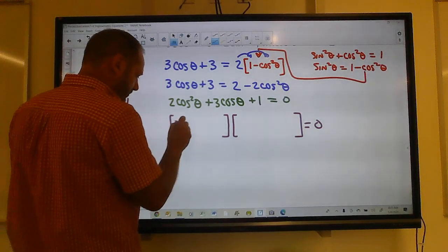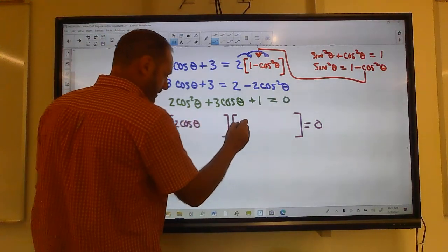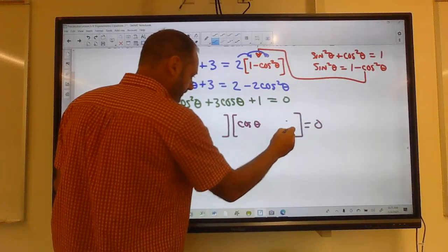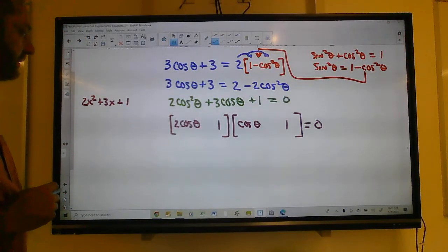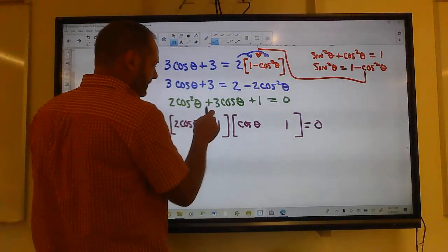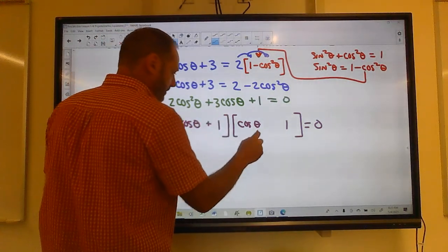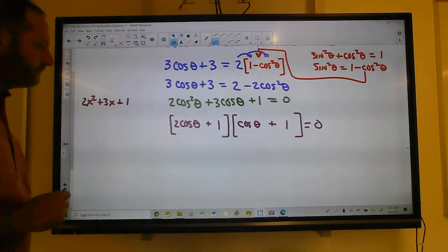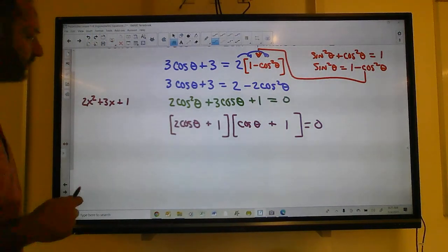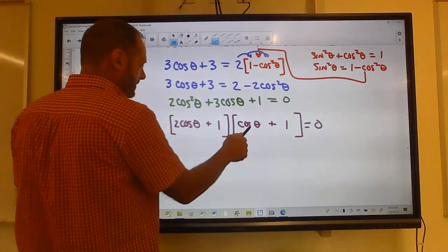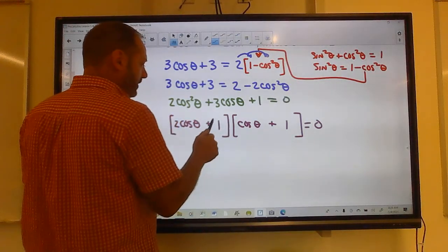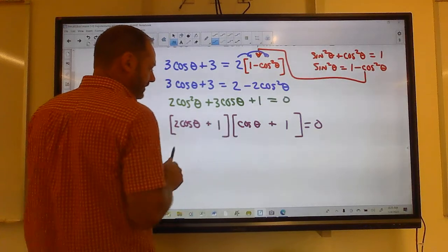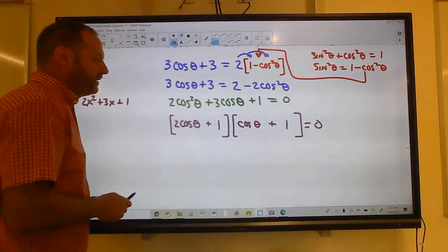So this is going to be 2 cosine theta and a cosine theta. And I just got 1 and 1 here. So since I've got pluses and pluses, both these are going to be plus. Double check it. So 2 cosine times cosine is 2 cosine squared. 2 cosine times 1 is 2 cosine plus another cosine is 3 cosines, and 1 times 1 is 1.